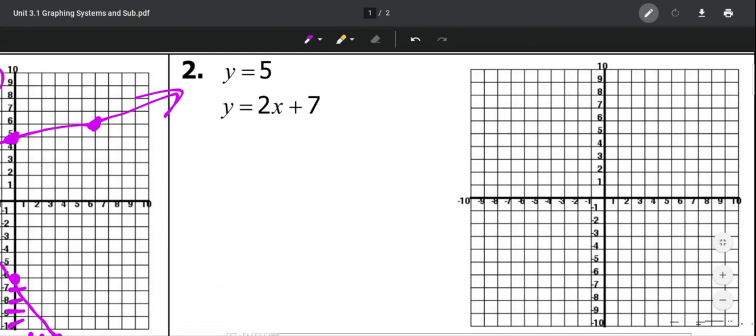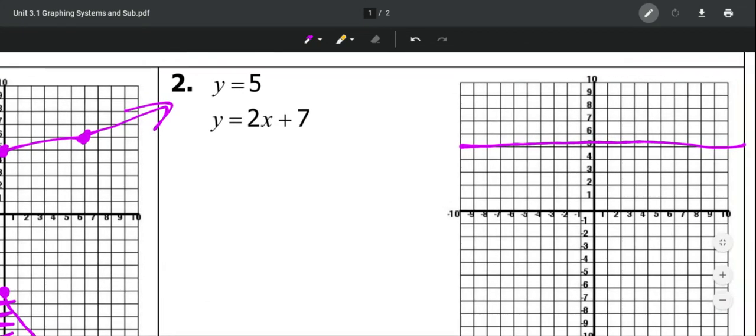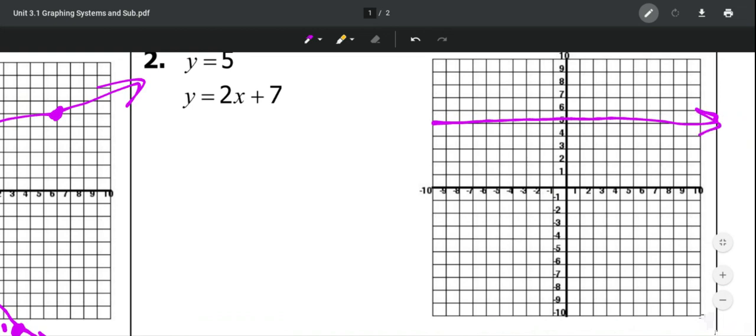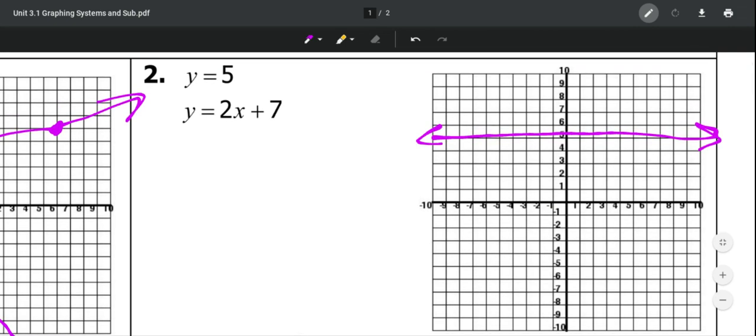So we've got y equals 5. Y equals 5 is just a horizontal line through 5 on the y-axis. And then we've got y equals 2x plus 7. So we're going to go up to 7. That will be our start point. Then we'll go up 2, so 1, 2 over 1.